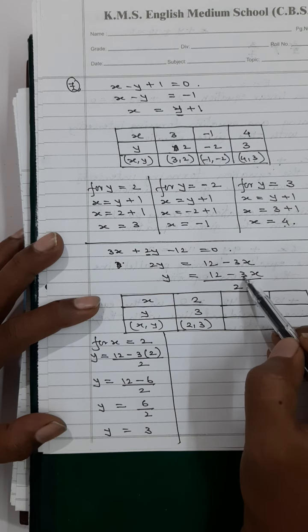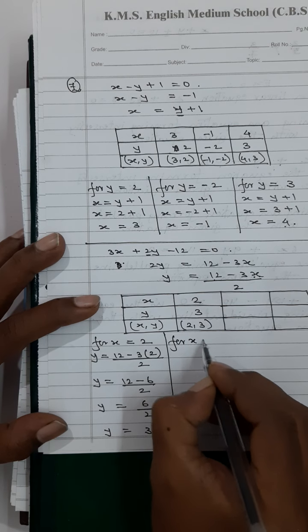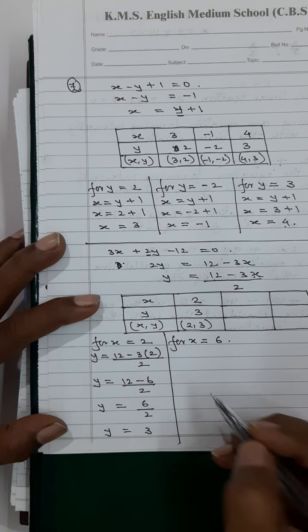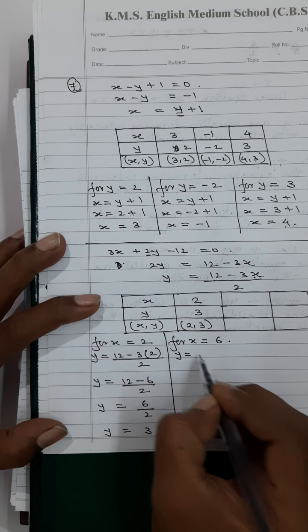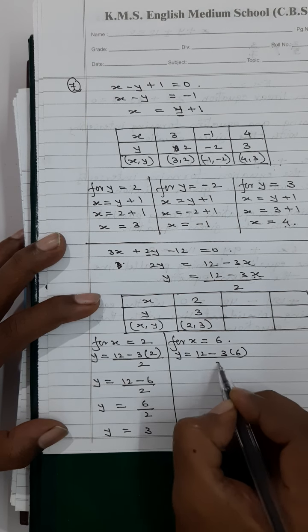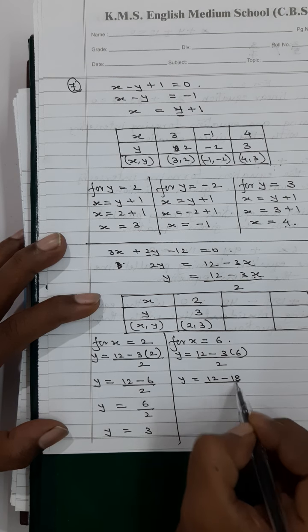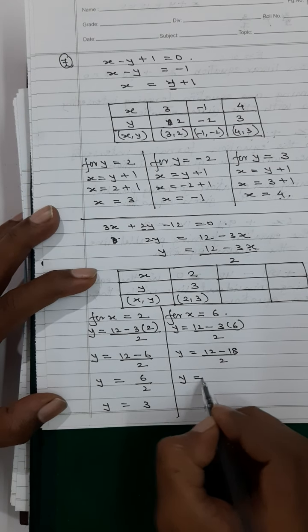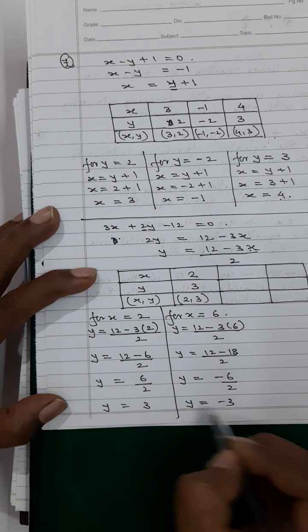6. 3 6s are 18. 12 minus 18 will give me minus 6. This is okay. For x is equal to 6, y is equal to 12 minus 3 into 6 upon 2. y is equal to 12 minus 18 upon 2. y is equal to minus 6 upon 2. y is equal to minus 3.